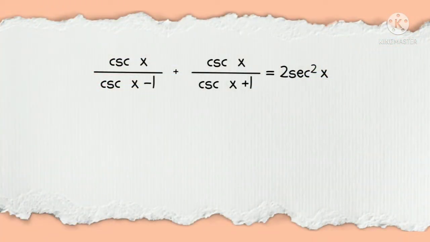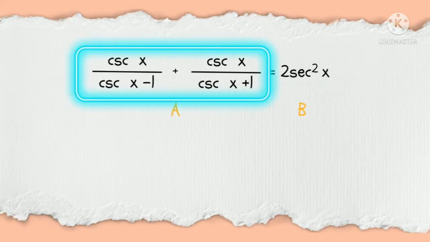Moving on, our next problem to prove is cosecant theta over cosecant theta minus 1 plus cosecant theta over cosecant theta plus 1 is equal to 2 secant squared theta. Again, let's first identify the more complicated side. In this case, it is very evident that the left side is much more complicated, right?